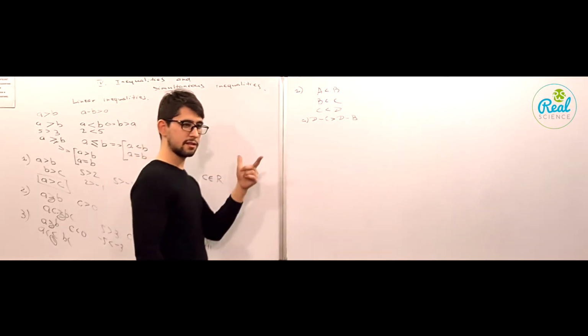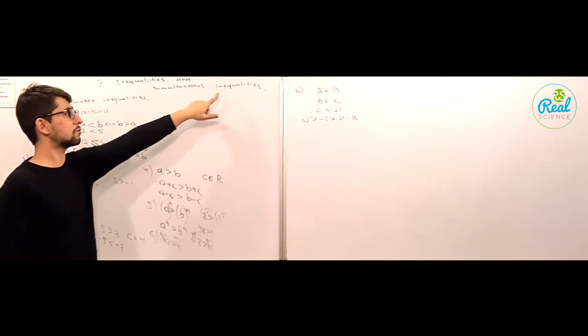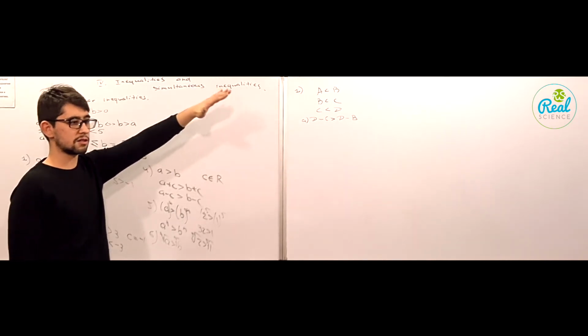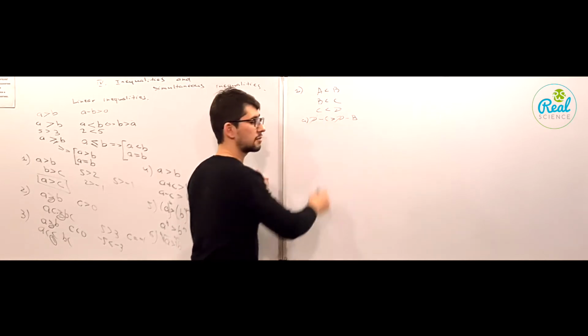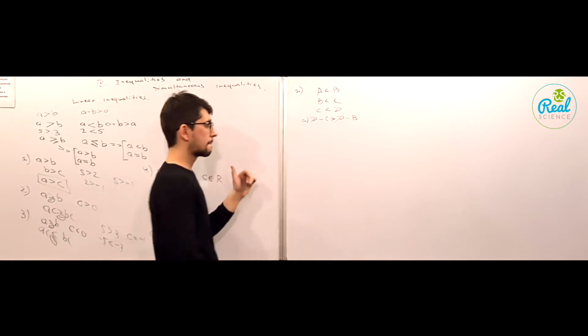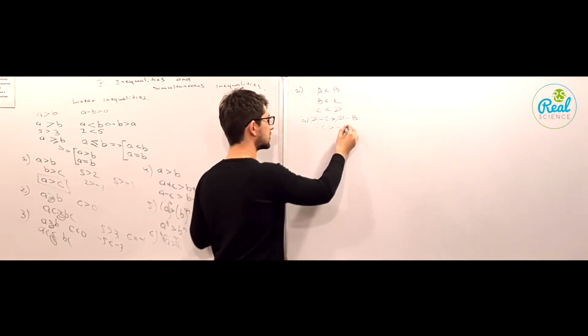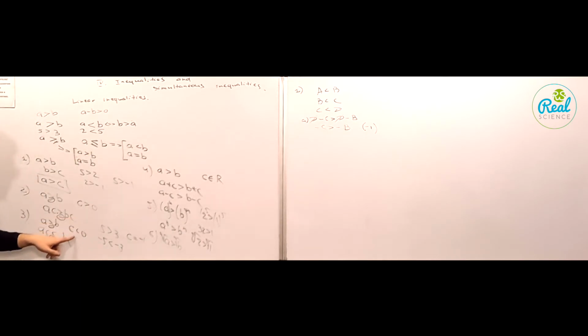There is a cancellation. We have told you that inequalities are the continuation of equations, right? In equations we could cancel terms out, and in inequalities the same property can be applied. So minus C greater than minus B, and let's multiply it by minus 1 using this property.